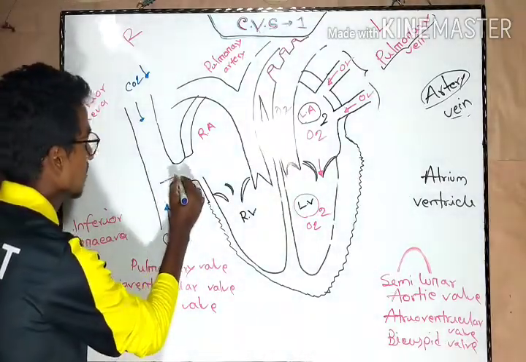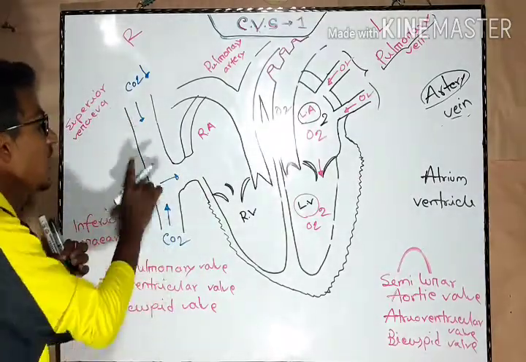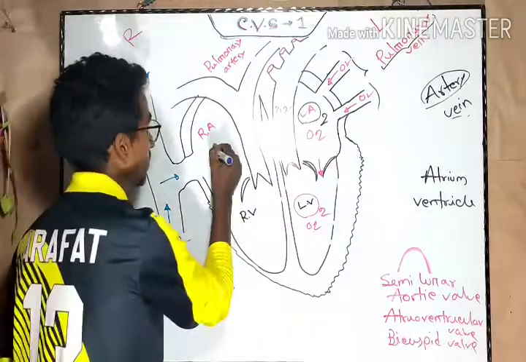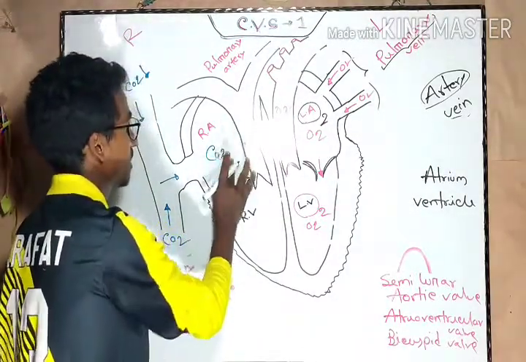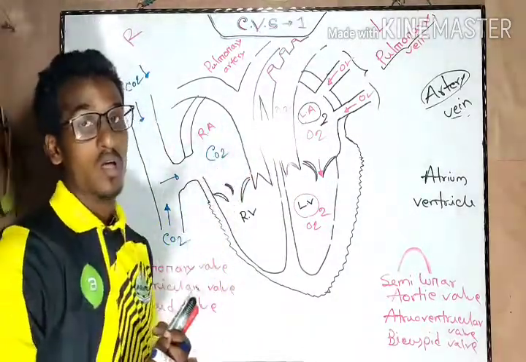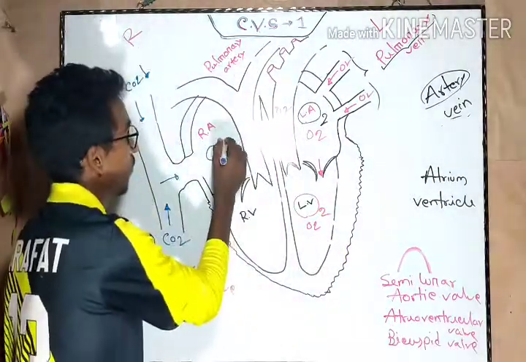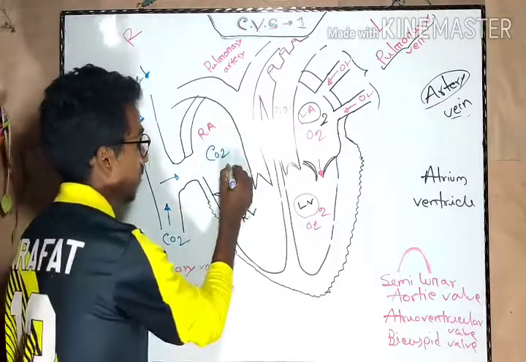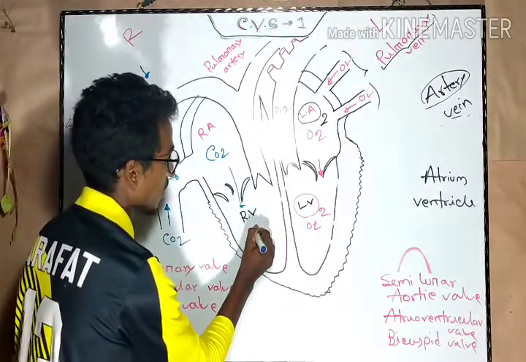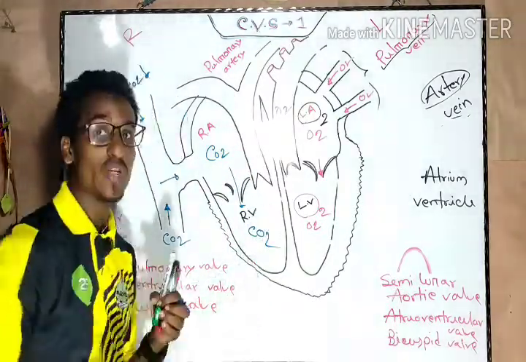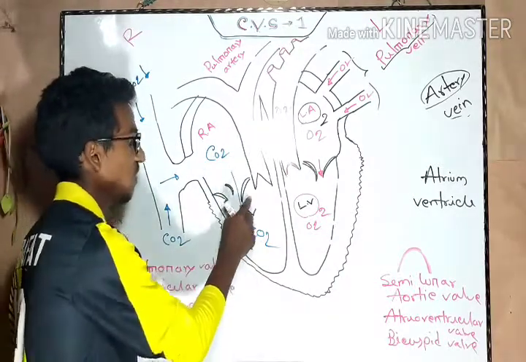Both of these great vessels, superior and inferior vena cava, drain into this right atrium. So this is the chamber of venous blood. Now the venous blood from the right atrium goes to the right ventricle through this tricuspid valve.